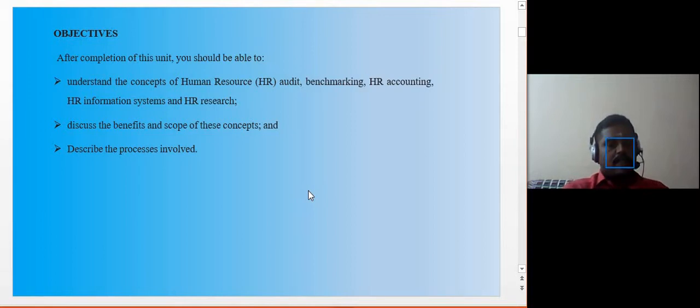Second, discuss the benefits and scope of these concepts. And third, describe the processes involved.